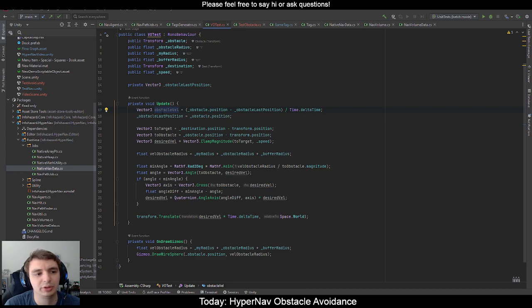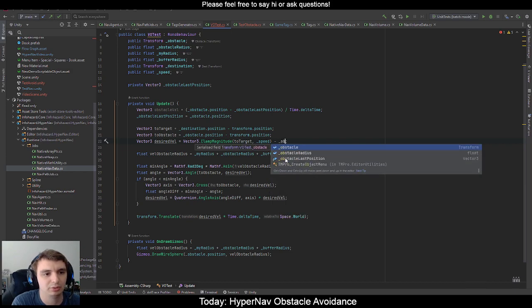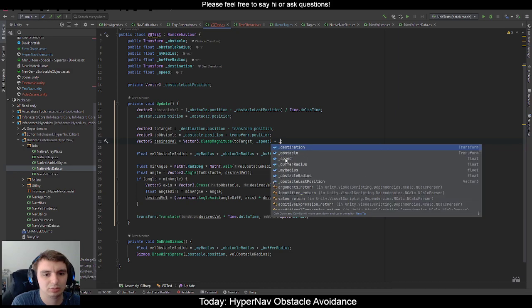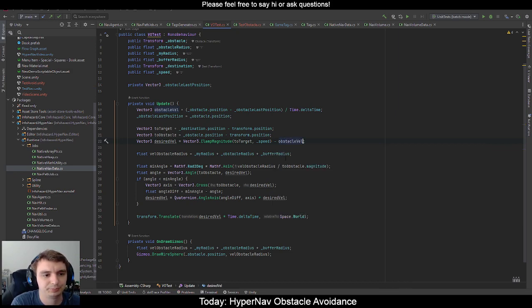Now, to deal with this obstacle velocity, we just need to work in the obstacle's frame of reference. So in that case, the desired velocity in the obstacle's frame of reference is going to be this minus the obstacle velocity.